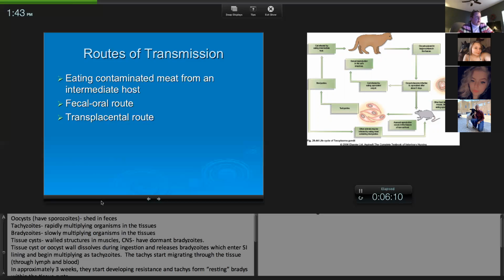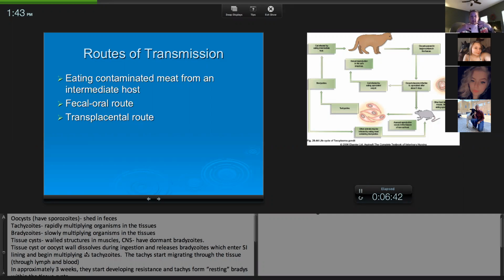Now, here are some notes again, which is kind of what I've already gone over, just the different oocysts to the tachyzoite or bradyzoite forms, and then the tissue cysts. When an oocyst is ingested, the digestive juices break down the oocyst wall, and that's how it releases the bradyzoites.